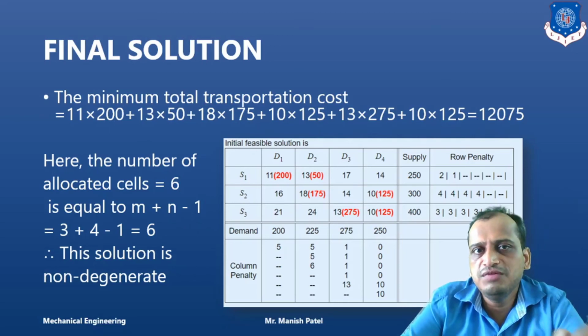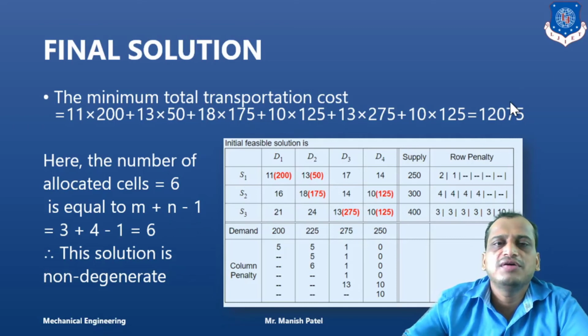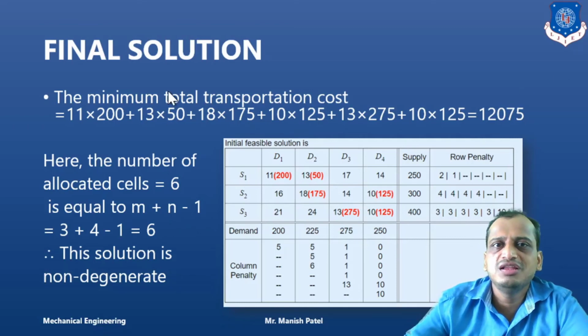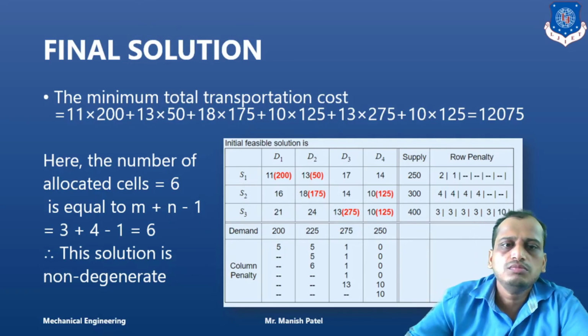Previously, the northwest corner method and the least cost method arrived at a solution of 12,200 rupees of transportation cost. From this method, you have arrived at 12,075. So obviously, this method arrives at the near optimal solution of minimum transportation cost.